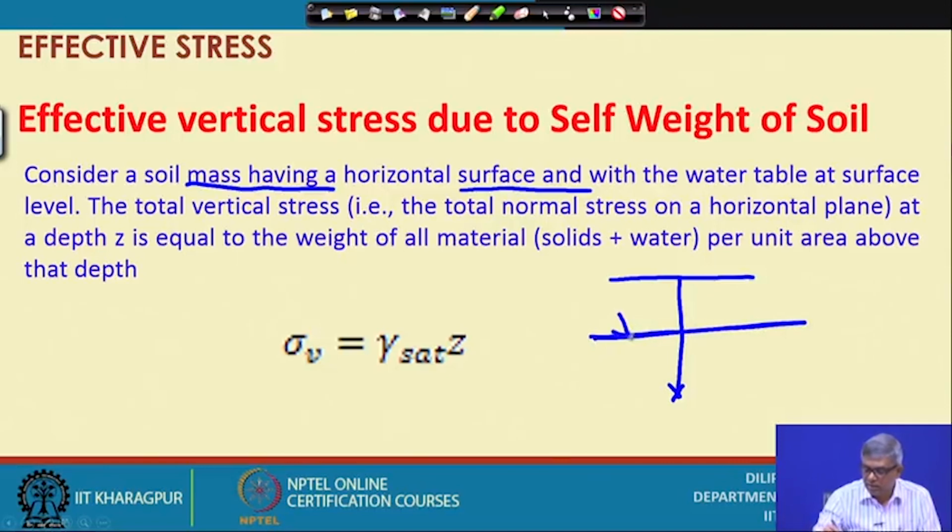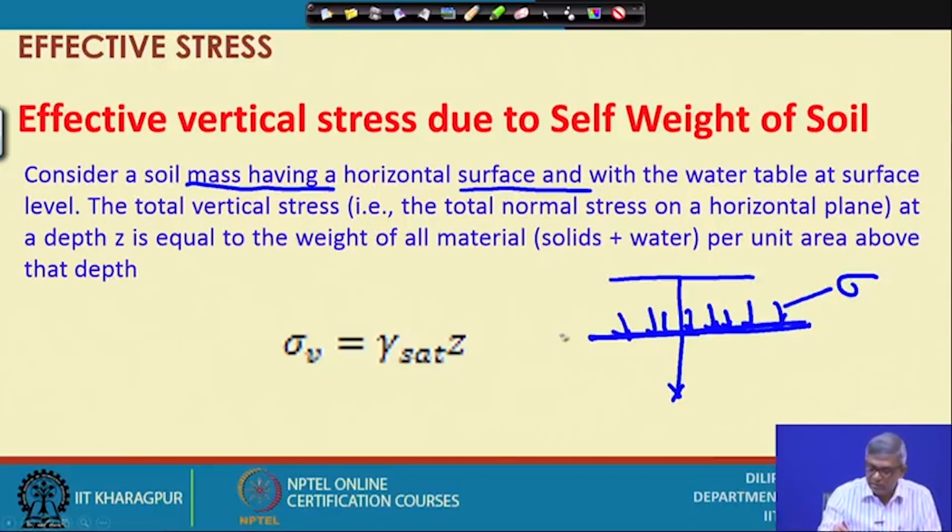What is the total stress acting at this level that I have to assess? Because of the soil above this level, how much pressure is acting at this level? That is defined as sigma, the total stress.